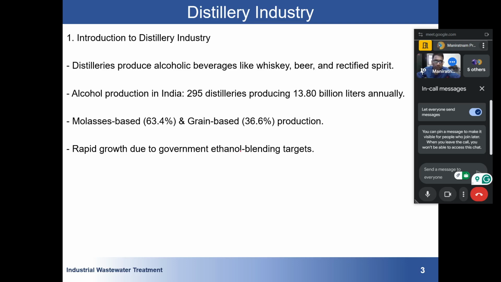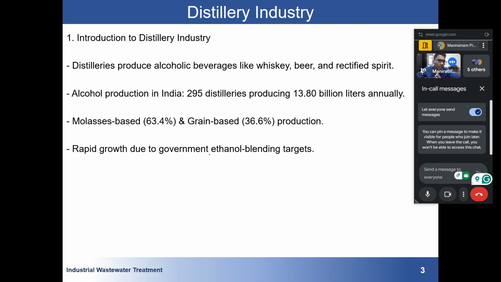The main reason the government is interested is that there are ethanol blending targets for our petrol, and many sectors want to increase efficiency.